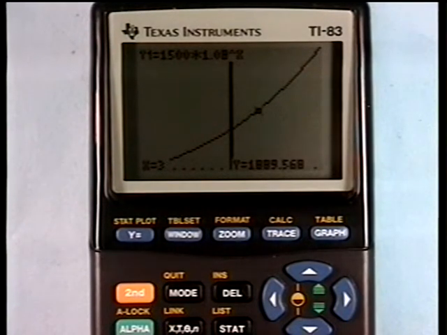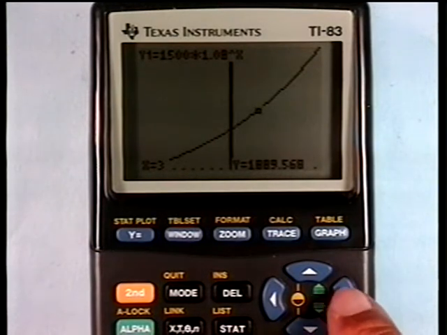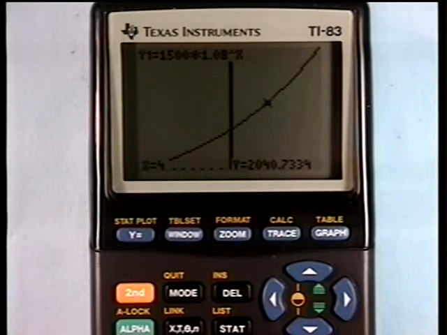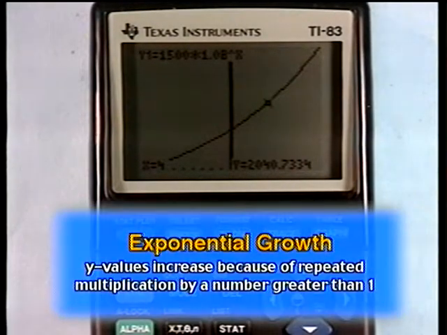Of course, the bank will only say it's 56 cents since the bank does not round up. After 4 years, we've got $2,040.73.